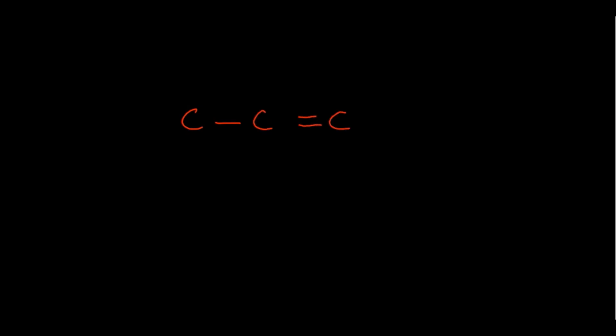Now students, we know each carbon is tetravalent, so we will fill the vacancies of each carbon with hydrogen. With the first carbon we have 3 hydrogen atoms, with the second carbon we have 1 hydrogen, and with the third carbon we have 2 hydrogen atoms.